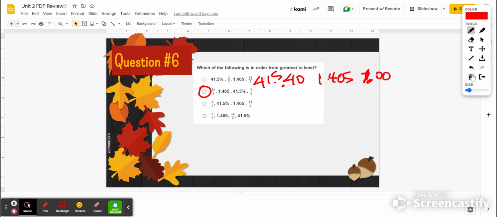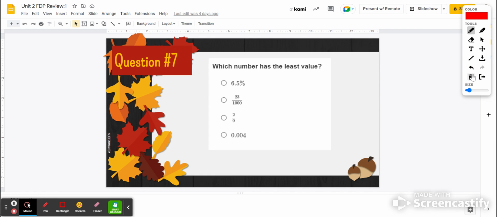All right, moving on to question number 7. Which of the numbers has the least value? Well, we can go and we can make all of these decimal, all of these percents. Let's do decimal. So 6.5%, I'm going to move that decimal 2 places to the left, and I end up with 65 hundredths. 23 thousandths.